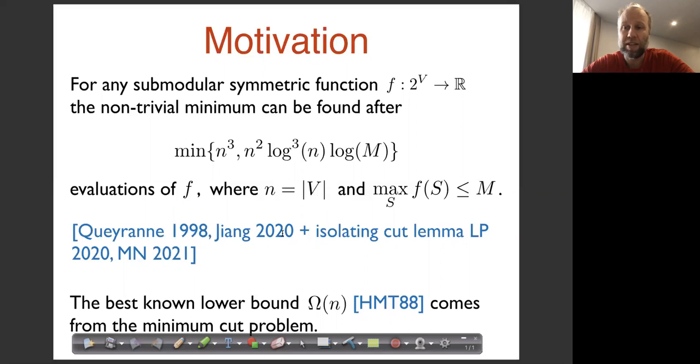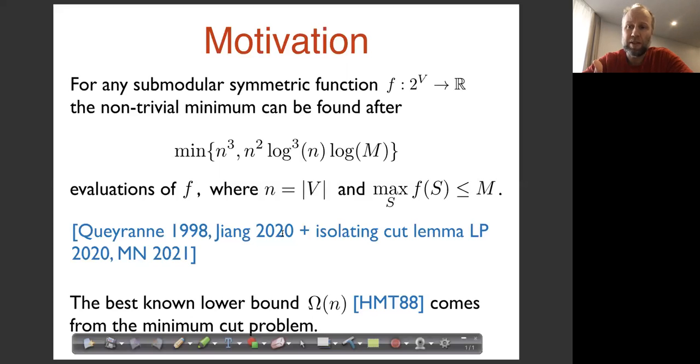They show that the deterministic communication complexity of connectivity is at least n log n. Since you can communicate the answer of a cut query on a simple graph with just log n bits, that implies an omega n lower bound on the cut query complexity of connectivity.